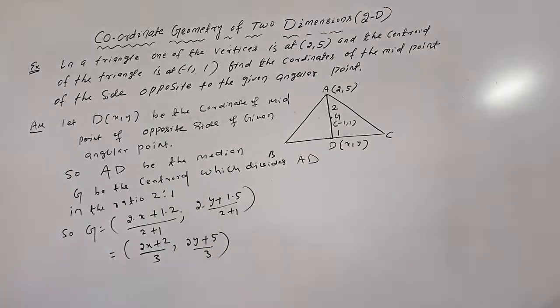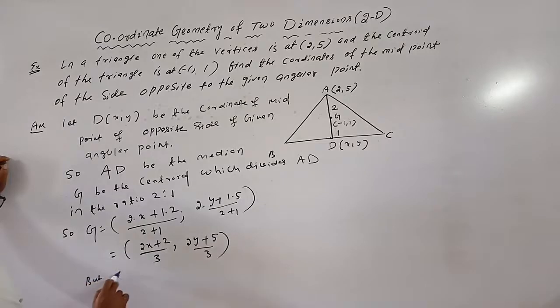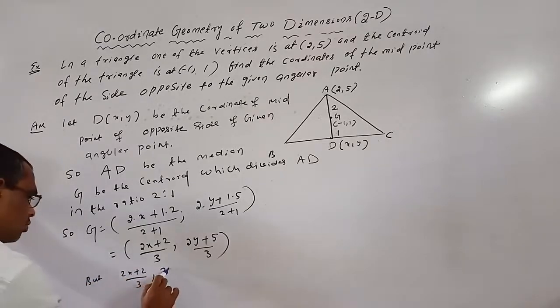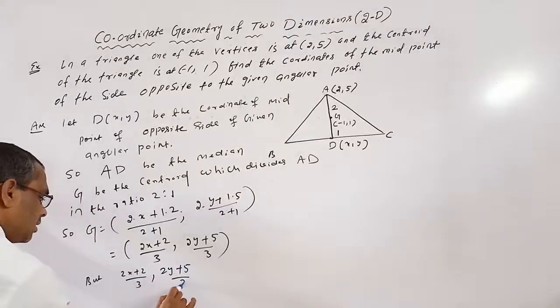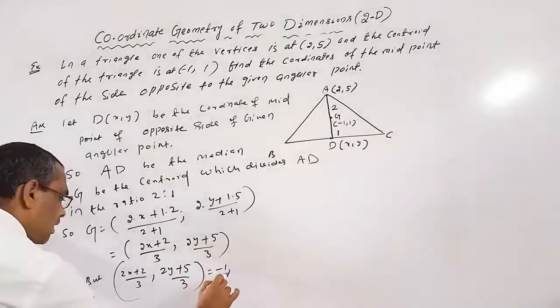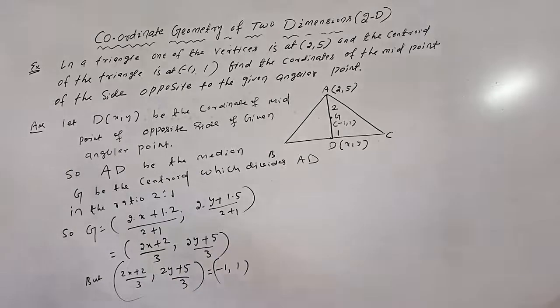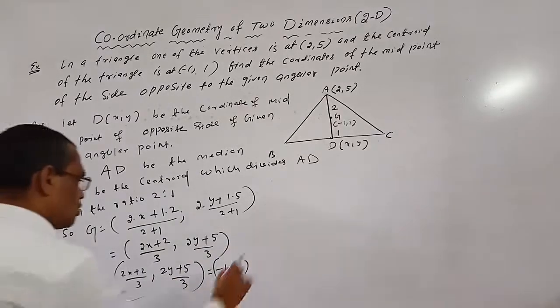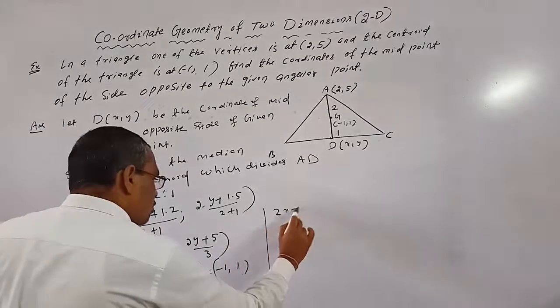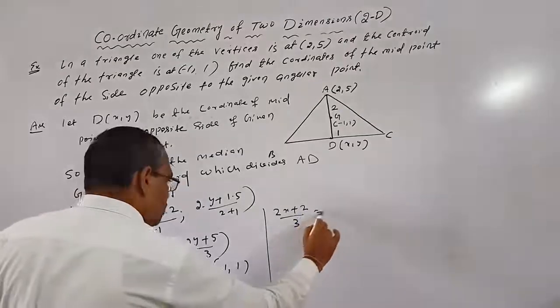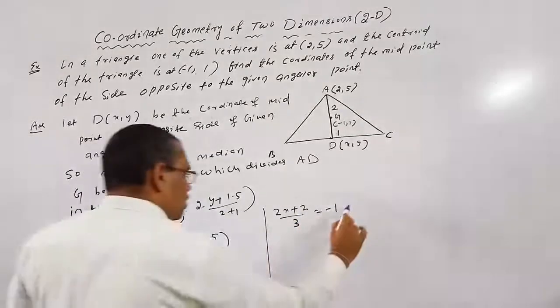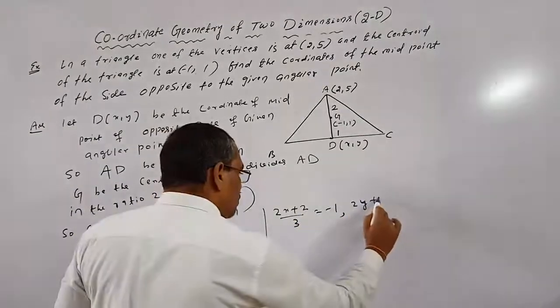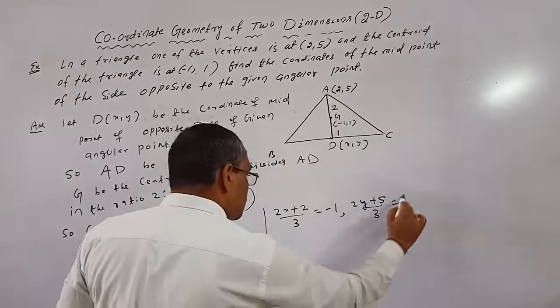But here the given centroid equals minus 1 comma 1. So 2x plus 2 by 3 equal to minus 1, and 2y plus 5 by 3 equal to 1.